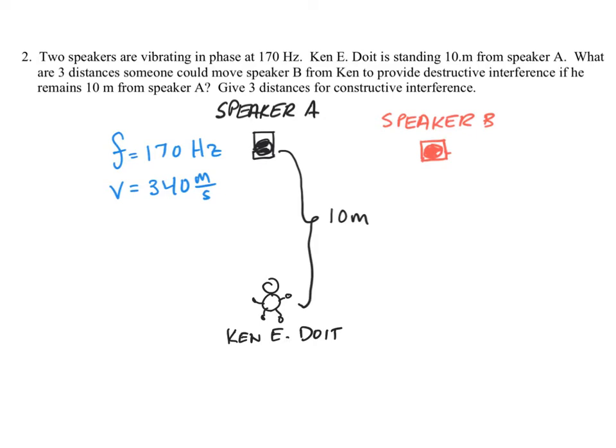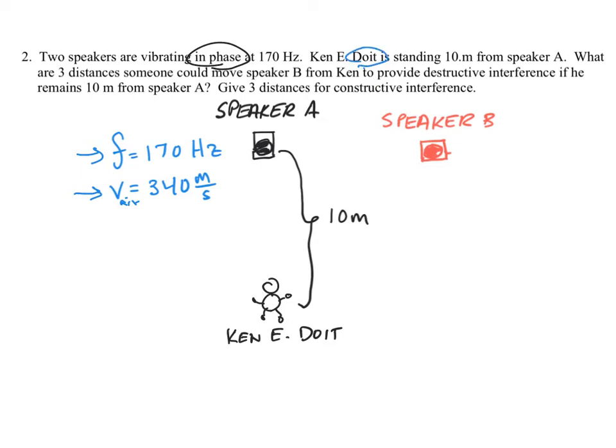So here's a problem where you've got two speakers that are in phase, which is a very important aspect of these types of problems. They're in phase, 170 hertz frequency. I show that right here. And I know the speed of sound roughly in air is 340 meters per second. They don't tell you that, but you need to know that to be able to solve this problem. Can he do it?